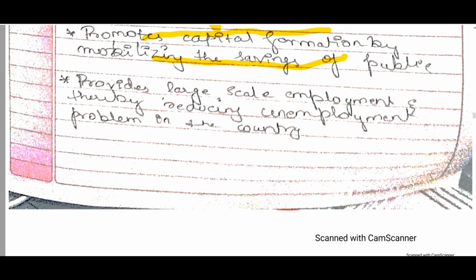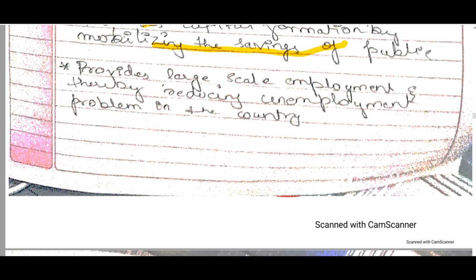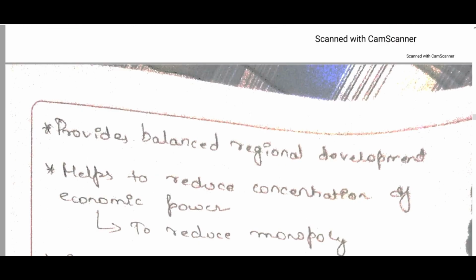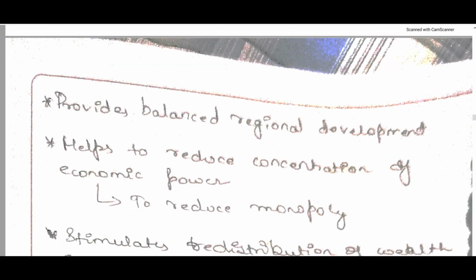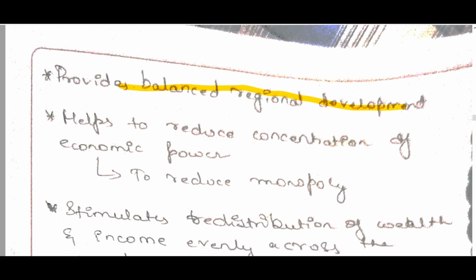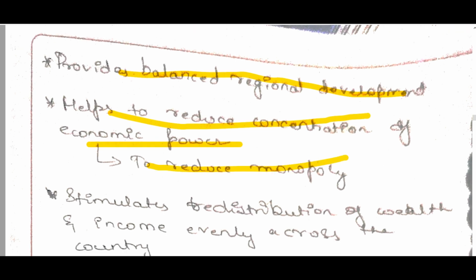Provides large scale employment and thereby reduces the unemployment problem in the country. Provides balanced regional development. It helps in developing rural and urban areas also. Helps to reduce concentration of economic power, to reduce monopoly. Suppose Airtel is a company which first had a monopoly in the telecom industry, and could offer rates at any price they wanted.